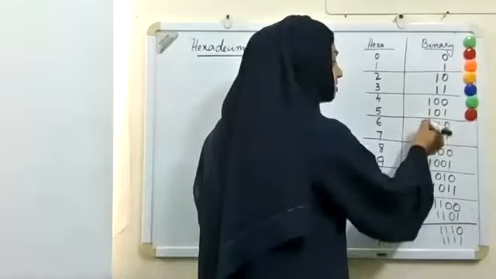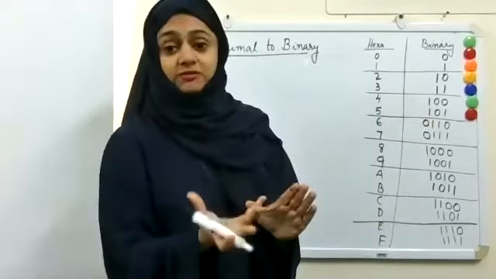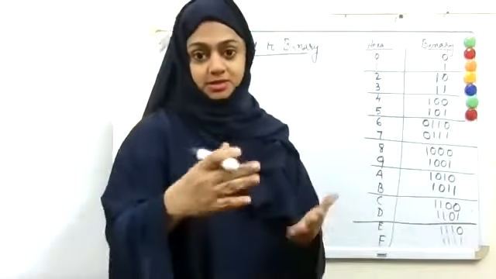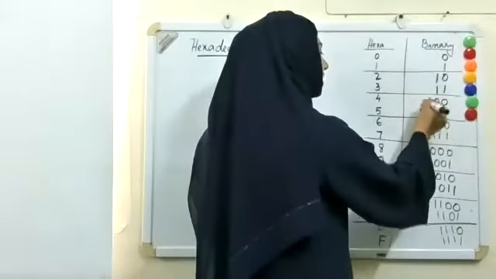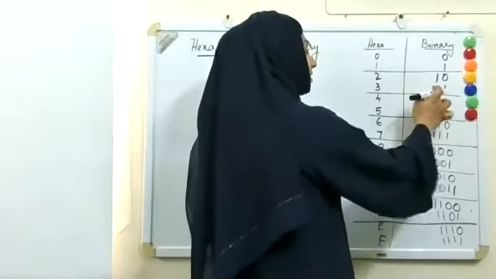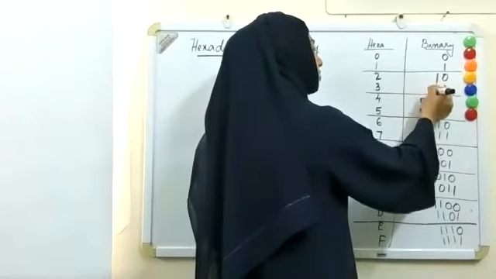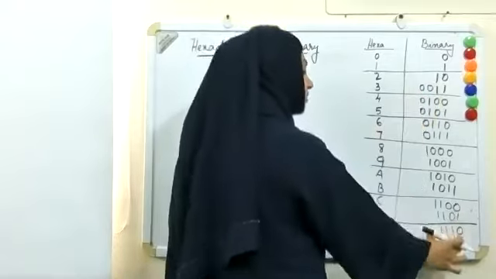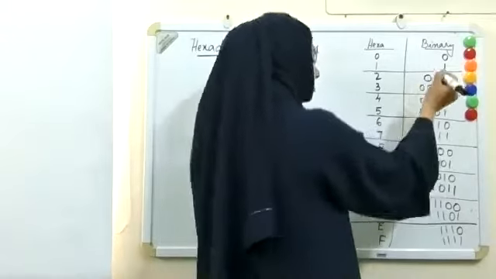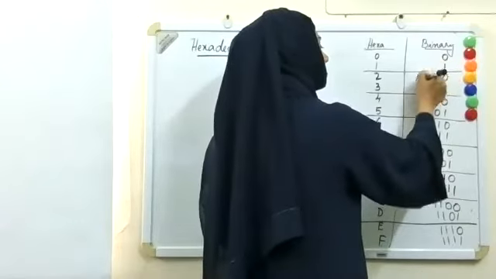Again, I will add 1 0 here. That will not change the value, but it can increase the number of places. So here there are 3, so I will add 1 zero here. And here there are 2, so I have to add 2 more zeros before, so that the positions will become 4 itself. Again 0 here, then 0 0.